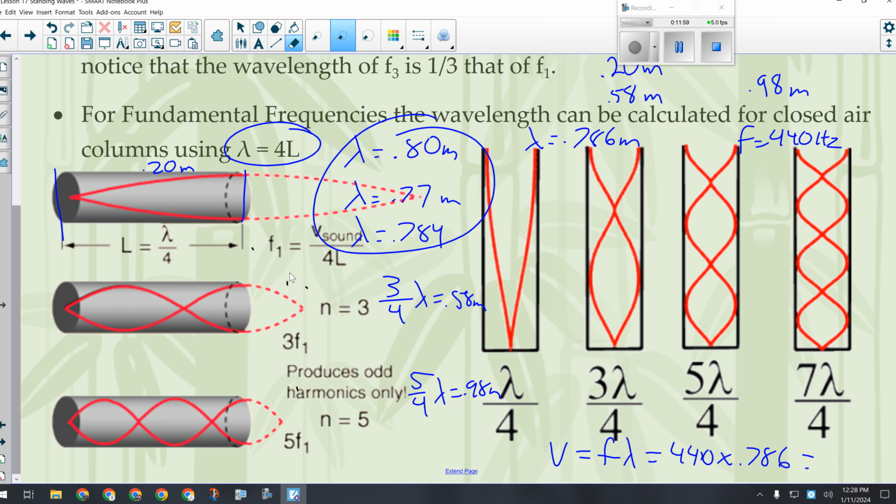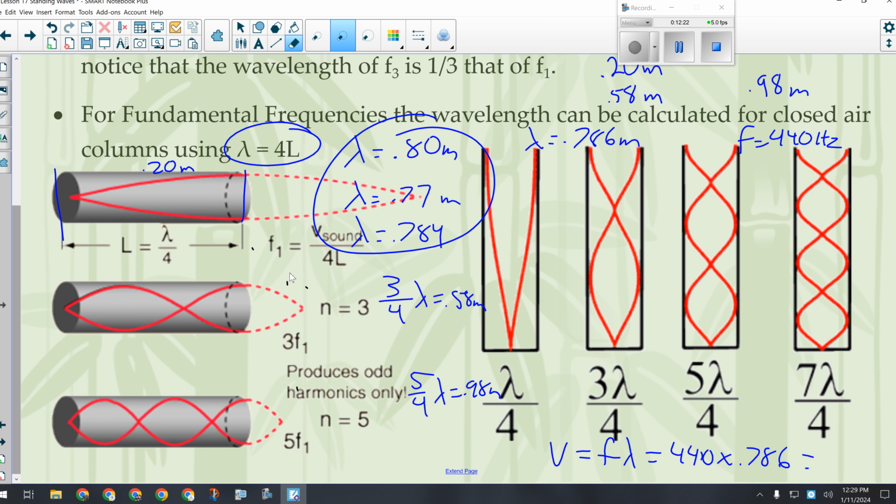Now the thing with closed air columns is that they only resonate at odd numbered frequencies. They only resonate at F1, F3, F5, F7, and so on.